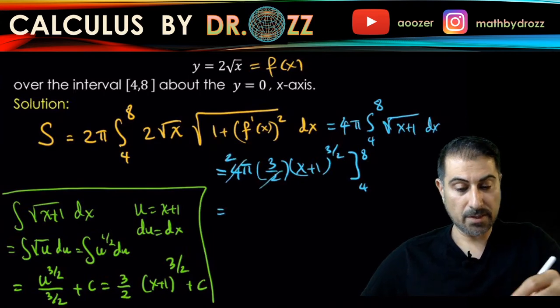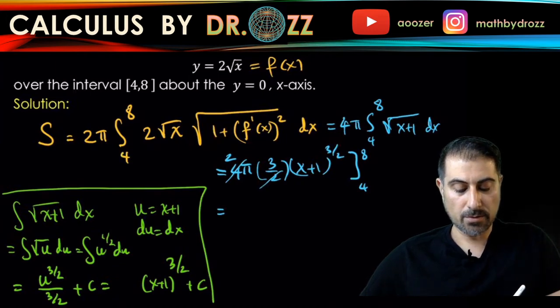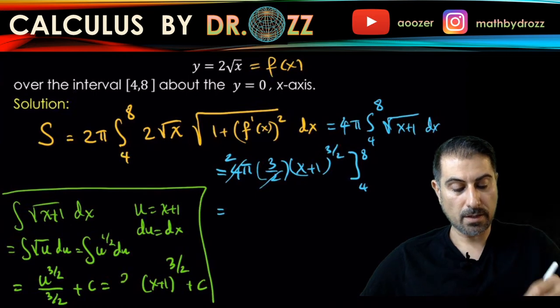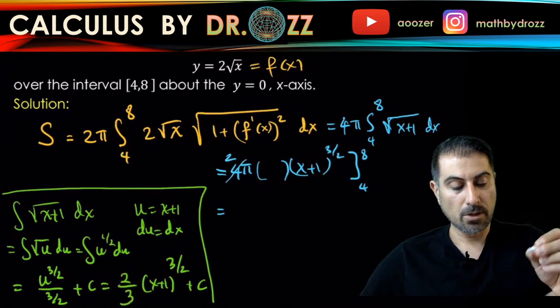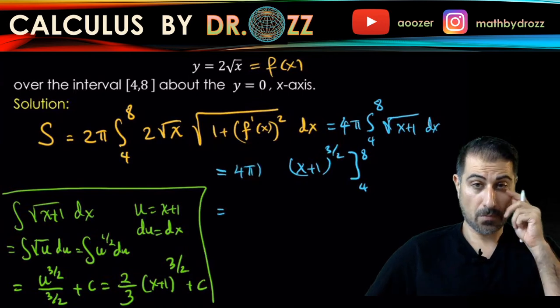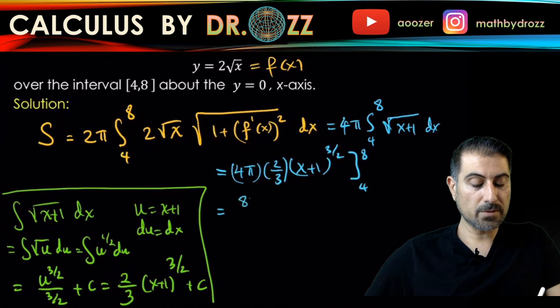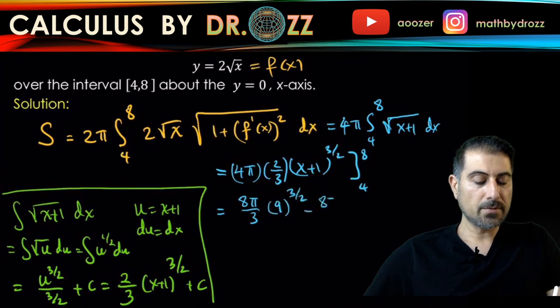Oh, I made a mistake here. I'm sorry. This should be 2/3 because you have to flip the bottom. You don't cancel anything here. Let me just rewrite this part. So you have 4 pi and 2 over 3. All right, so let's just finish this up. Let's plug in the upper limit: 9 to the power of 3 halves minus 8 pi over 3, 5 to the power of 3 halves.